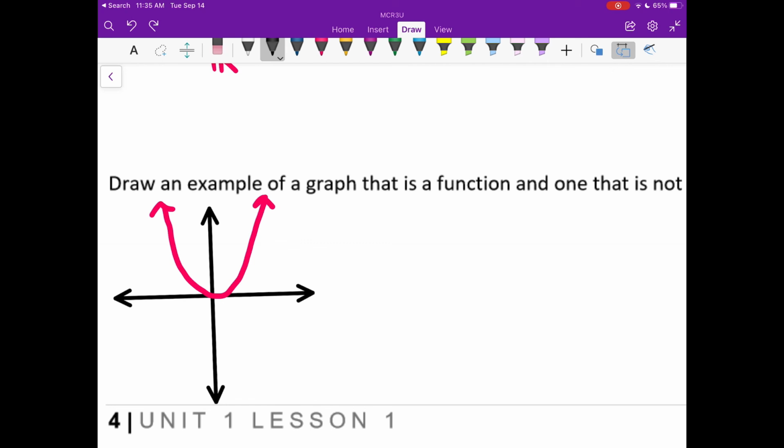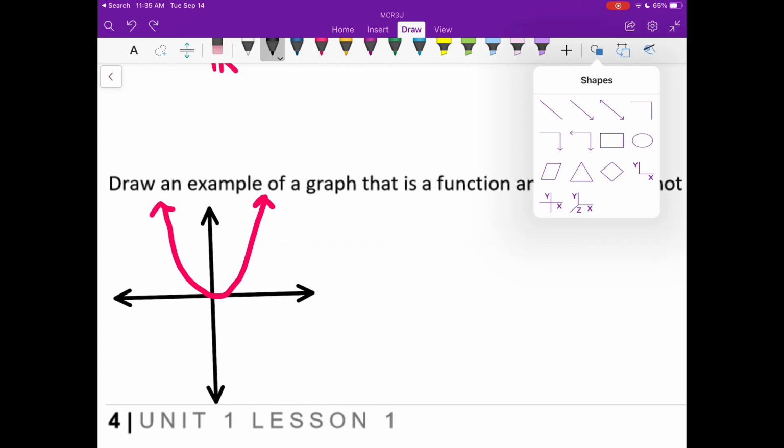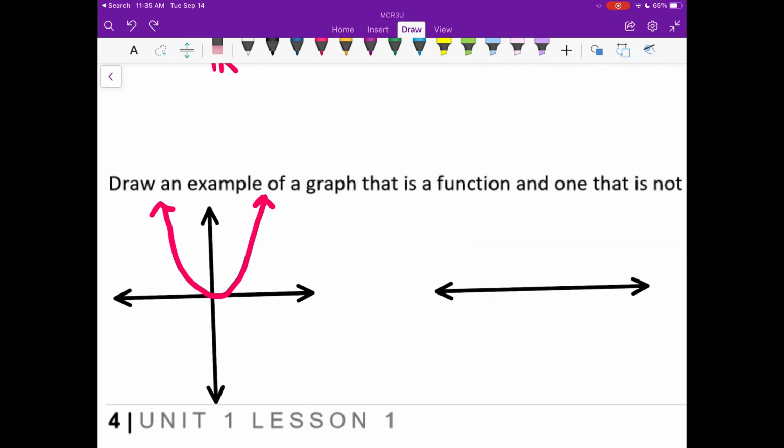If you draw a line through it, that is a function. It passes the vertical line test. And the one that I decided to do for not a function was a sideways parabola. It doesn't pass the vertical line test. Even though it's the same shape, just the way that it's put on the Cartesian plane makes it a different relation.